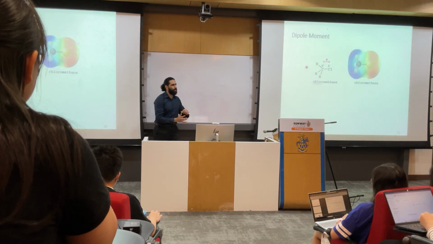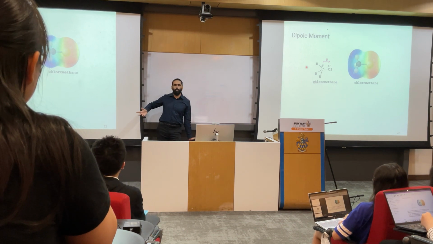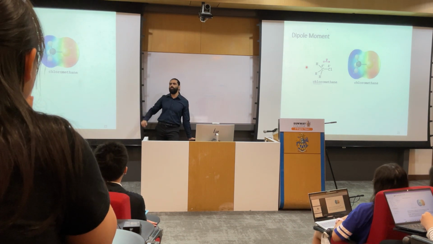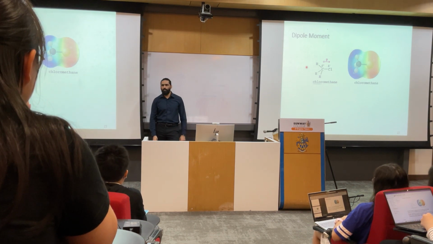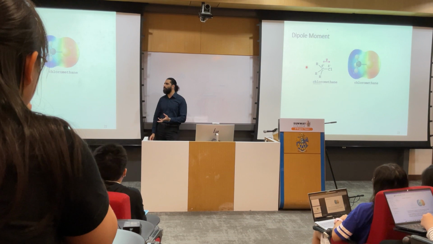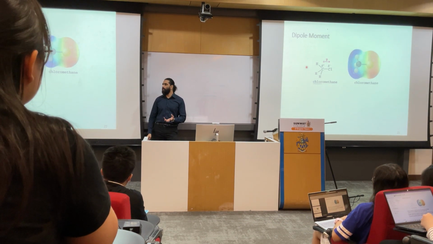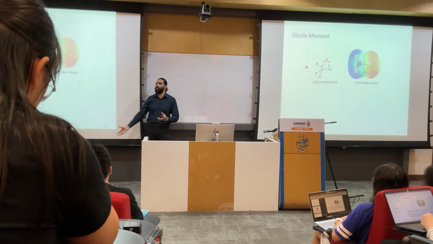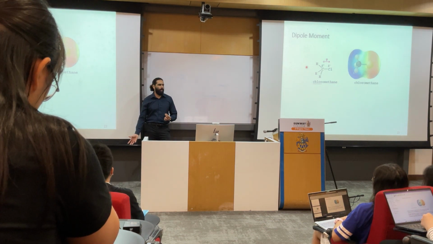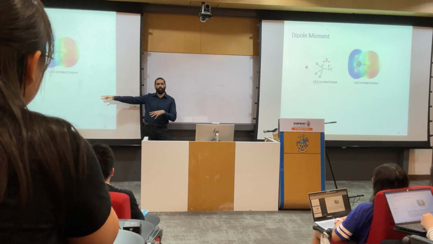Let's move on to the next topic, which is dipole moment. Dipole moment is pretty much related to the bonding patterns. This is the physical force by which we can have, as the name suggests, the creation of poles in a molecule. And this is mathematically and physically determined.